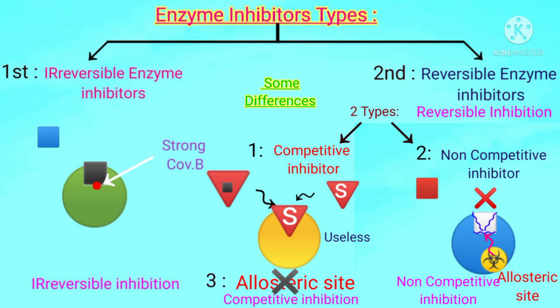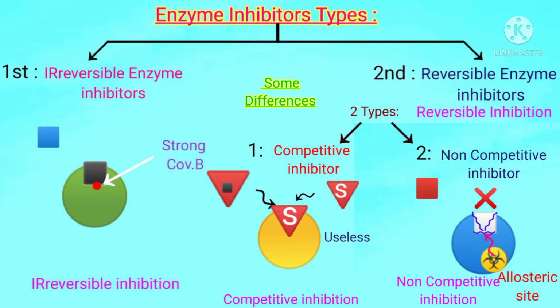This difference is often asked during exams, as is the difference between irreversible and reversible inhibitors. So now you have sufficient knowledge to write the answers to these questions in your own words.